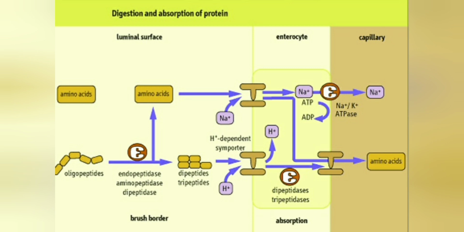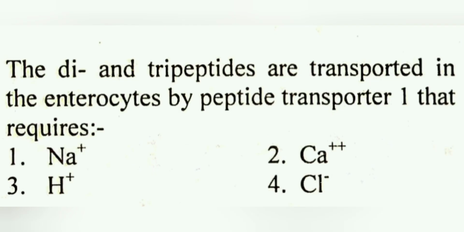And amino acid is absorbed through the basal surface by facilitated diffusion, which is a passive process. And on the basal surface, the sodium pump is needed, which is again an active process, that is active transport. Coming to the correct answer, our correct answer is option 3, hydrogen ion.